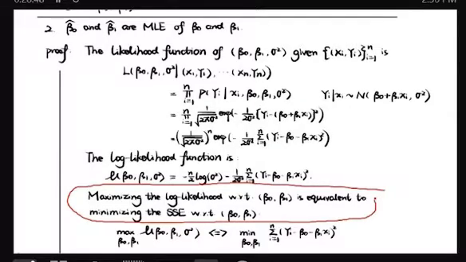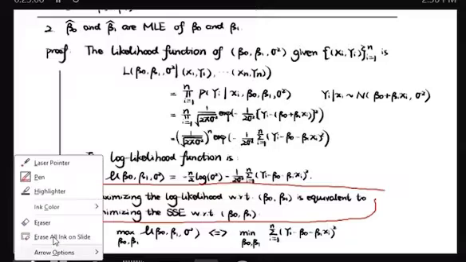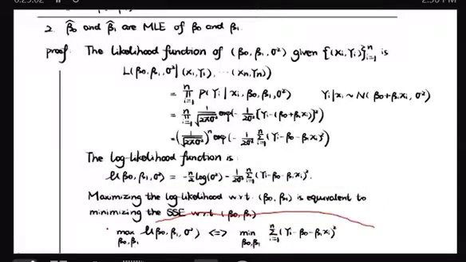So maximizing the log of the likelihood with respect to parameters is equivalent to minimizing the sum of square error, and because of that, I'm going to say this can proceed in both directions. Take a look at that. Maximizing likelihood is equivalent to minimizing the sum of square error.